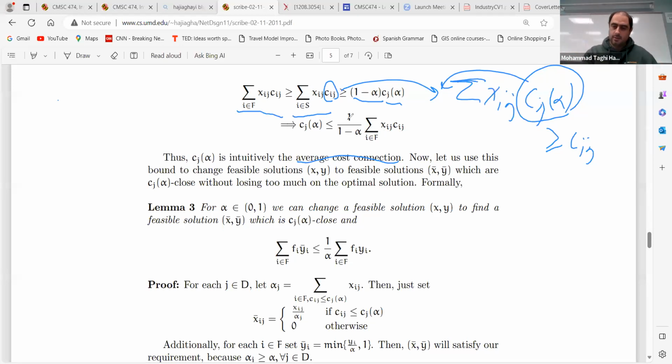So far we have just defined Cj alpha for any given alpha, which should be a constant decided later. We have this equation that I have mentioned.